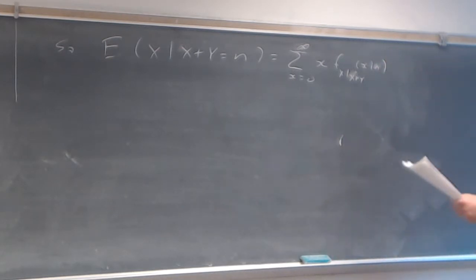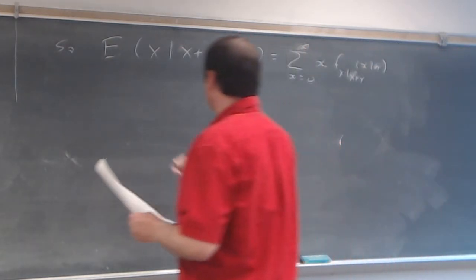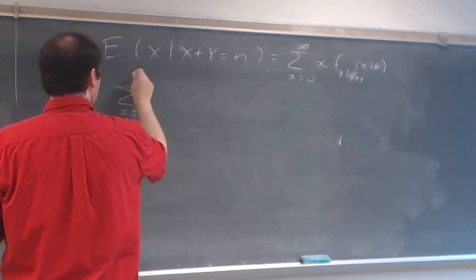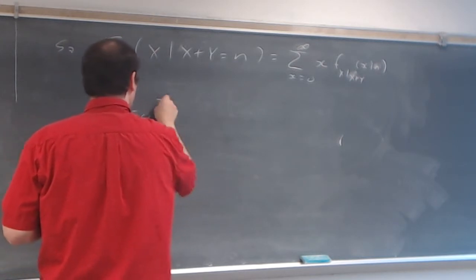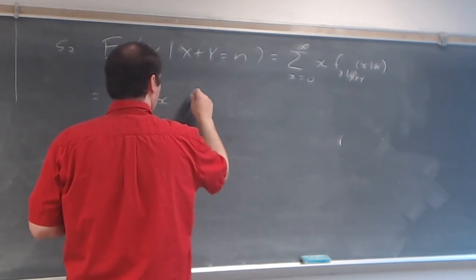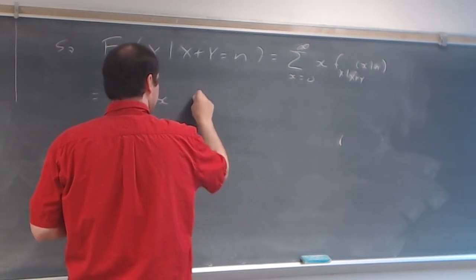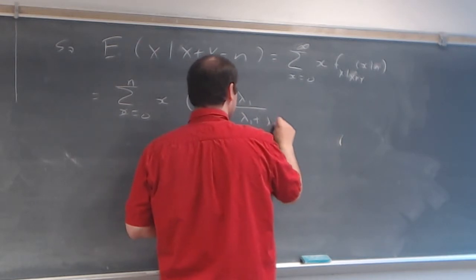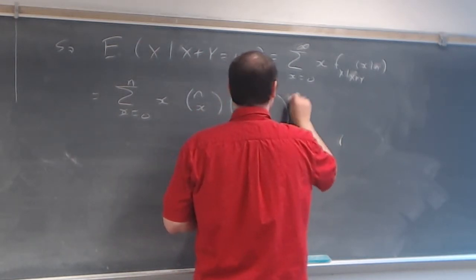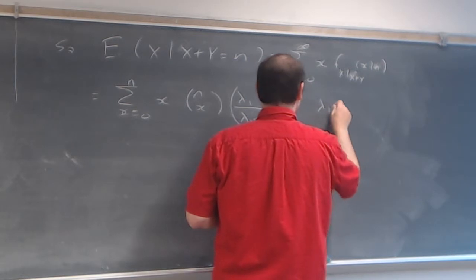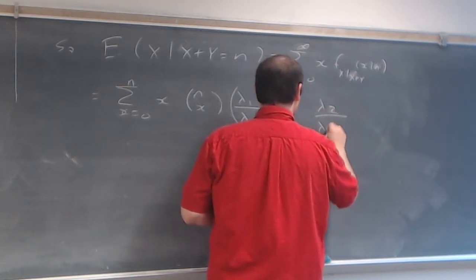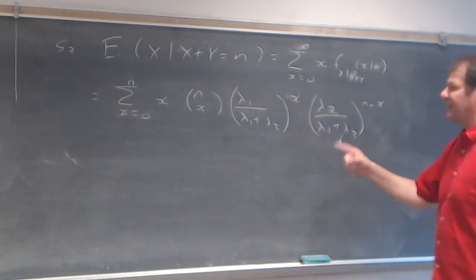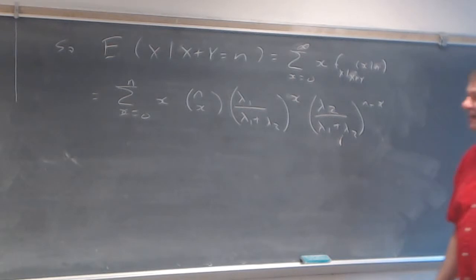And here, this translates into a sum over x running from 0 to n, for the binomial, of x times n choose x, lambda sub 1 over lambda sub 1 plus lambda sub 2 to the x, times lambda sub 2 over lambda sub 1 plus lambda sub 2 raised to the n minus x, and that's the expected value of the binomial.